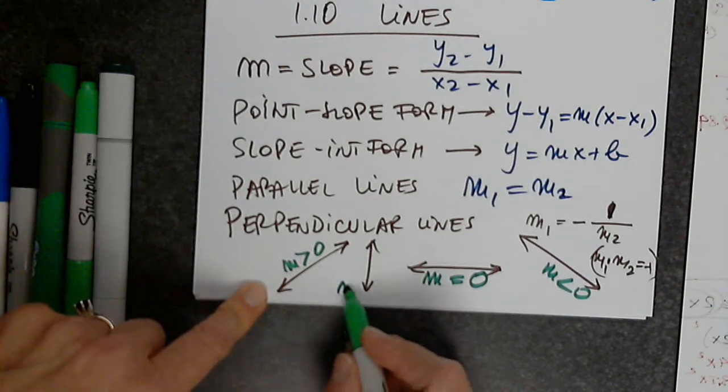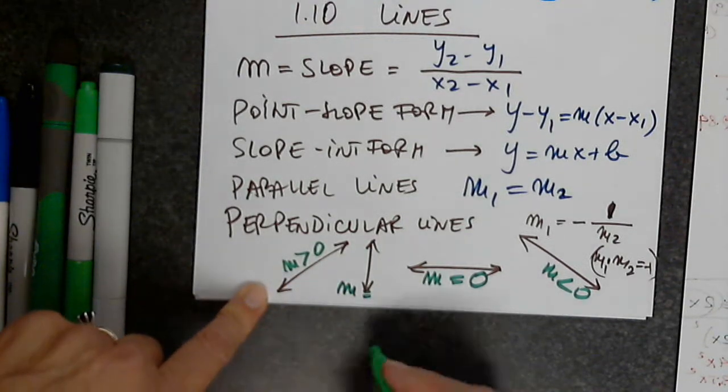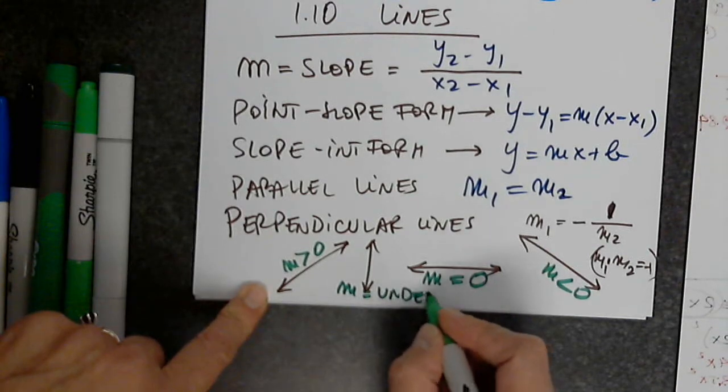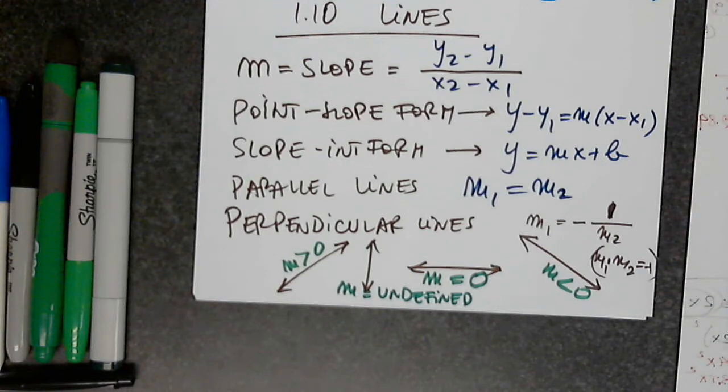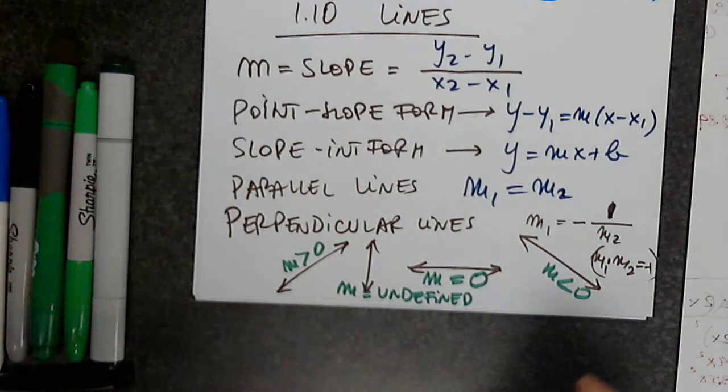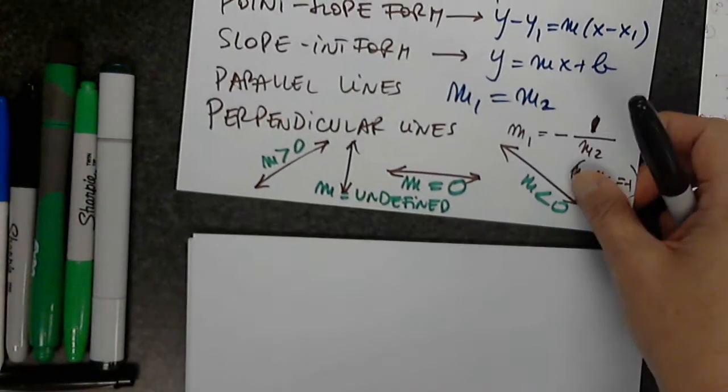What about the slope of a vertical line? Excellent. The slope of a vertical line is undefined. It doesn't exist. We like that fancy word, but that's what it really means. Okay, so I think we have time to look at a problem.